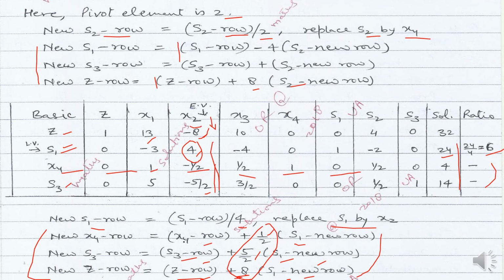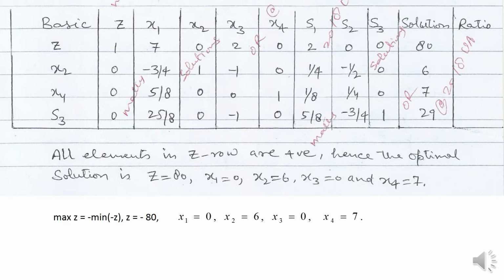So we use these formulas, and with the help of these formulas we write the next table, which is this one. As we did two elements in the previous table, the same way we will solve this. We will check z row.